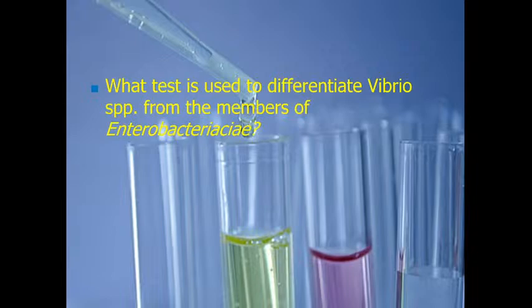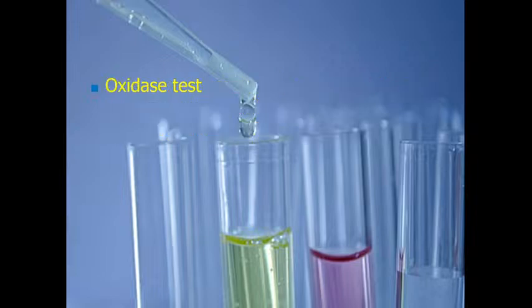That's why I always set a different discussion, even with a different set of flashcards or PowerPoint presentations, because I want you to remember that the next microorganisms we're going to talk about are a little bit different because they have oxidase. So please remember, members of the Vibrio family are different from the Enterobacteriaceae family because they are oxidase positive.